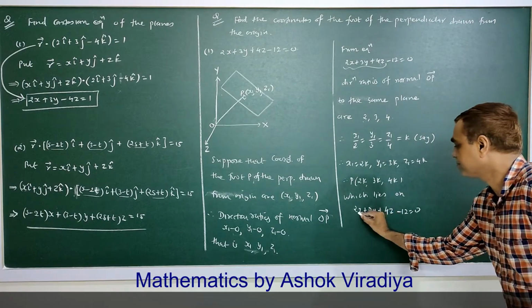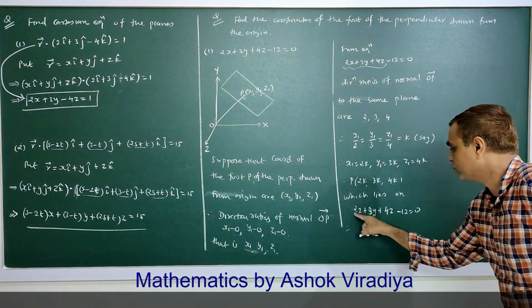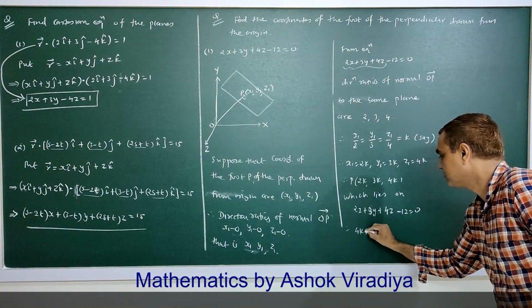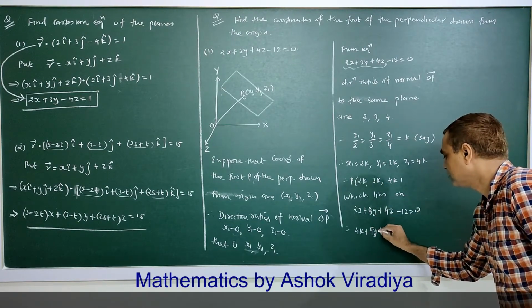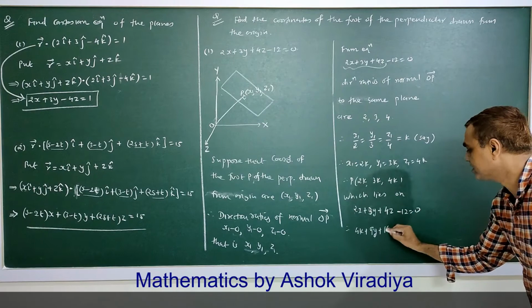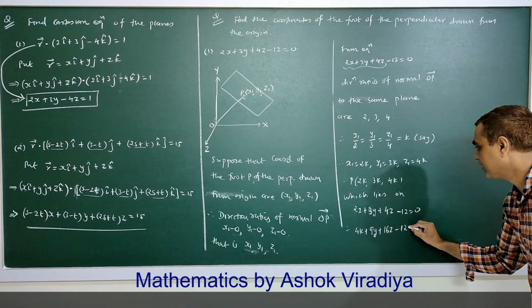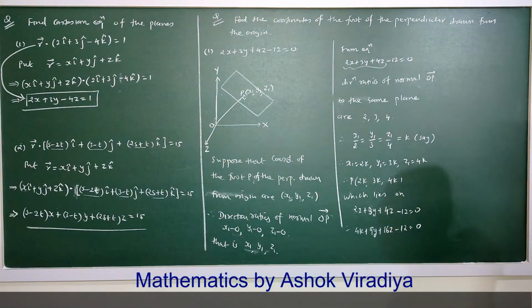So putting here x equal to 2k, so 2 into 2k is 4k, 3 into 3k is 9k, 4 into 4k is 16k, minus 12 equal to 0. So here I am showing in detail.